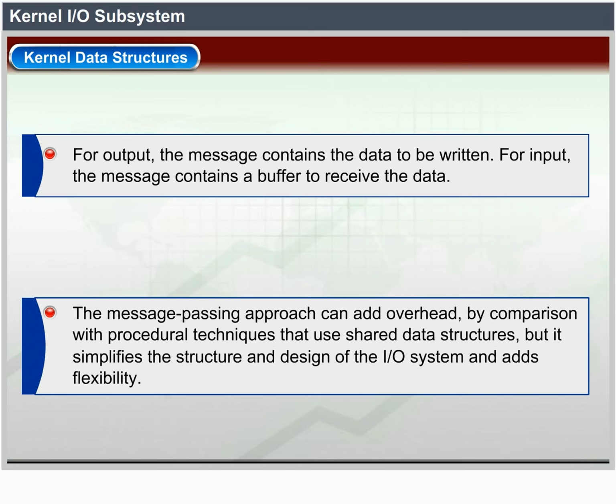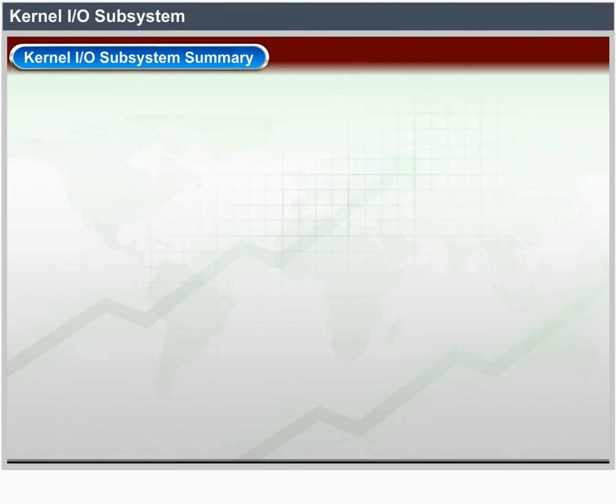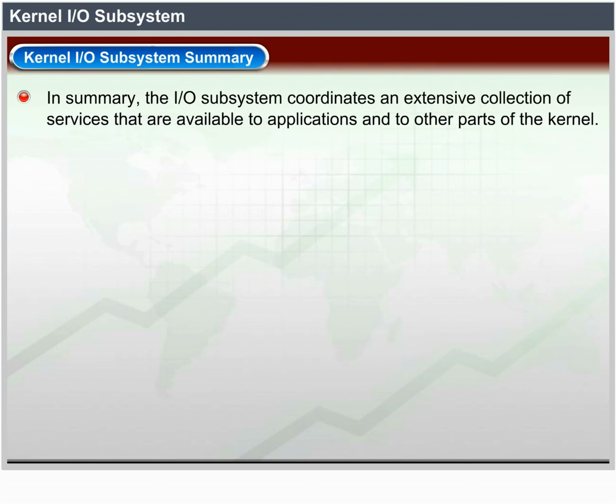Kernel input-output subsystem summary. In summary, the input-output subsystem coordinates an extensive collection of services that are available to applications and to other parts of the kernel.